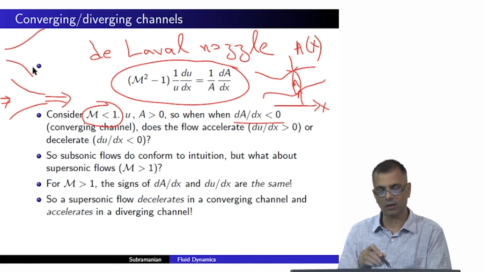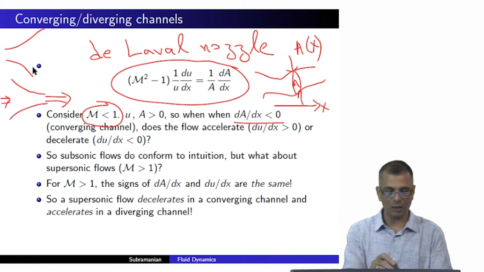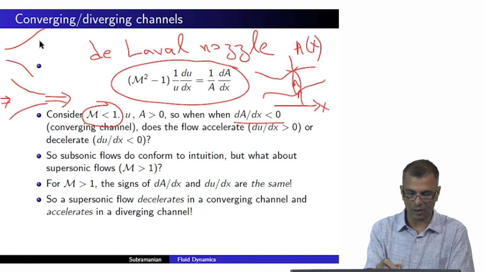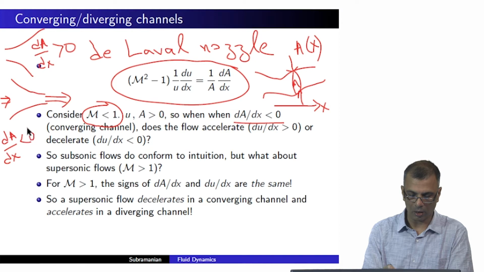For a diverging nozzle, this is also something. So in this case, and in this case, for this, and in this case, dA/dx is greater than 0.